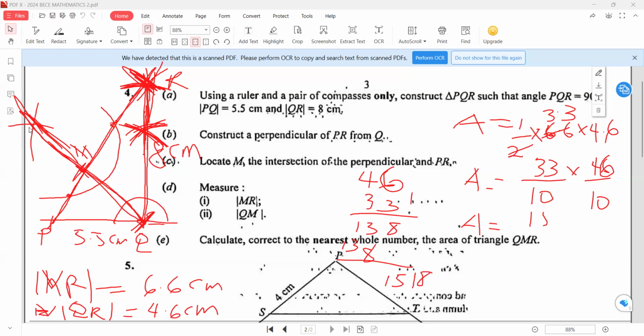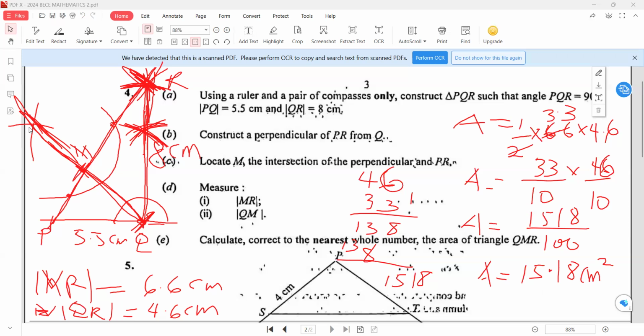So that's 1518 out of 100, which is 15.18 centimeters squared. The units are very necessary.